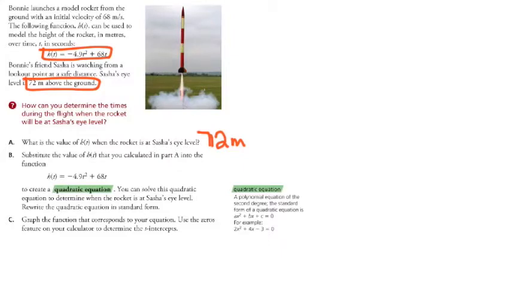Now question B, substituting the value of h of t into that equation, well, 72 is h of t, so really that would become 72 equals negative 4.9 t squared plus 68t.